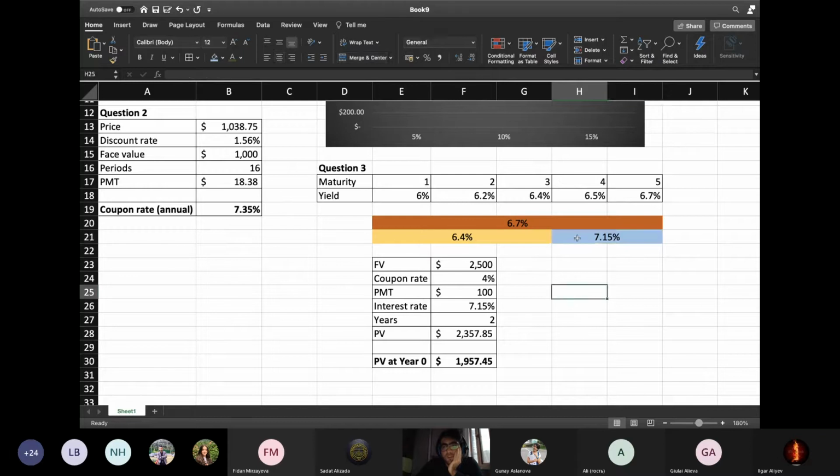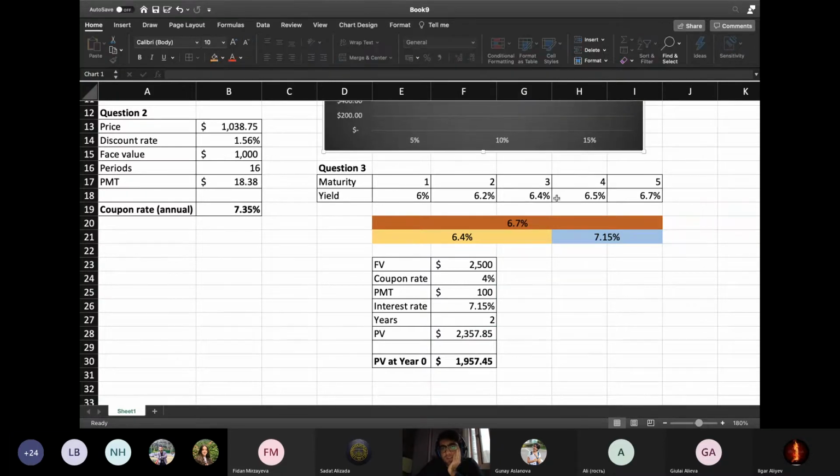Then we calculated the present value, but this present value is at the end of year 3. So in order to find the present value now, we should discount 3 years back to year 0. Therefore, we divided the price of the bond by 1 plus the 3-year yield of 6.4%, to the power of 3.